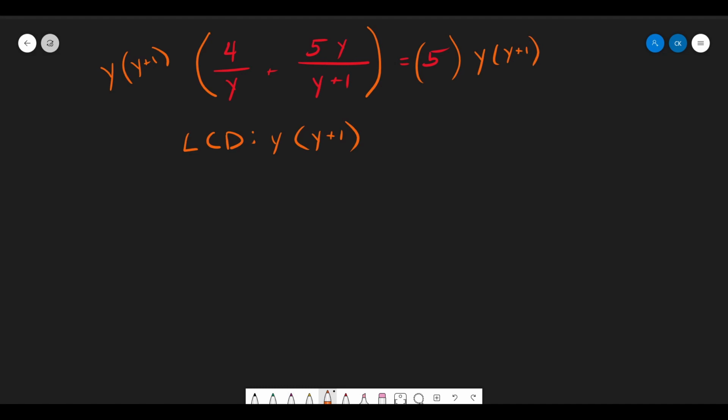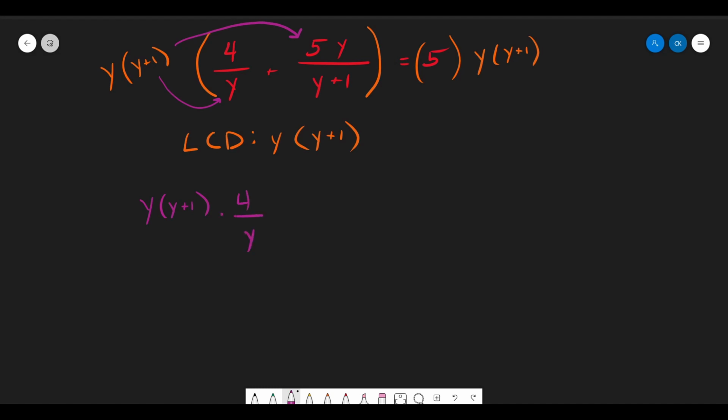Now, when we do that, we do have to be a little bit cautious, because when I multiply this entire side by y times y plus 1, I have to multiply both different fractions. I have to multiply both terms. So for the first one, I'm going to be multiplying y times y plus 1 times 4 over y.